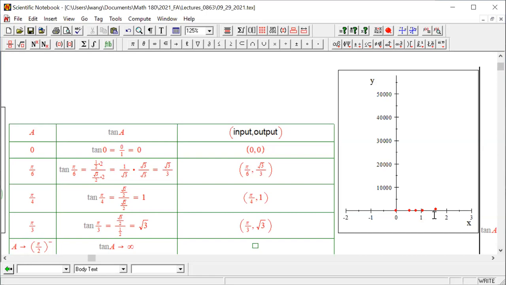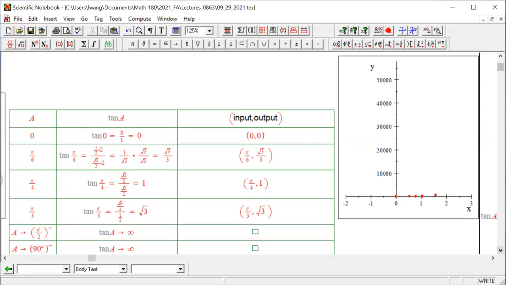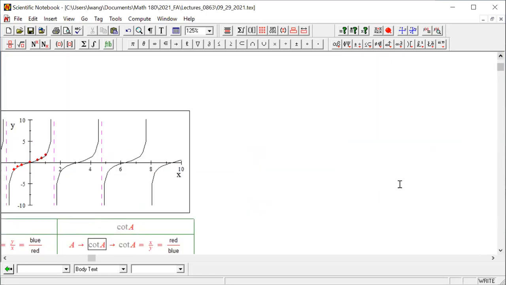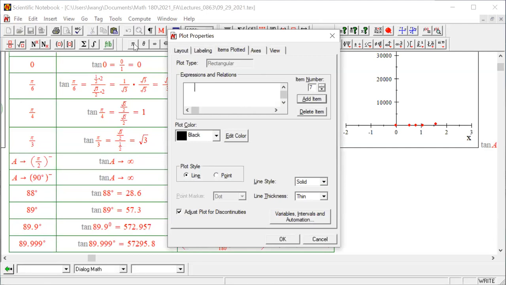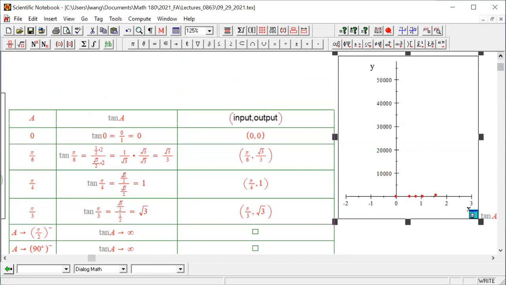It's probably this one, right? Let's plot the largest one, the highest one, 1.57. I'm going to put this number in the graph. That should show up.